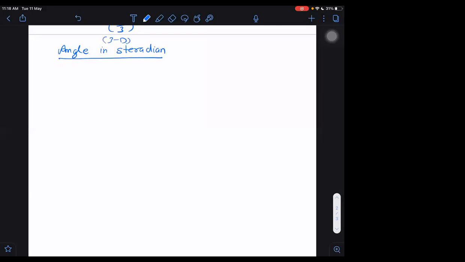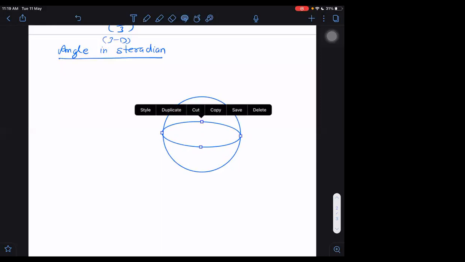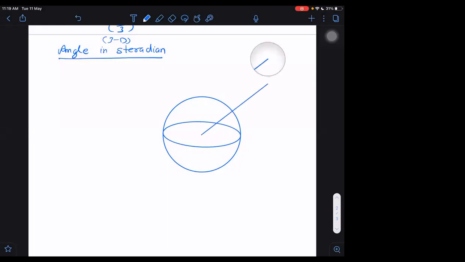In this case, we will not draw a circle, but we will draw a sphere, this way, and also we will take a cone.